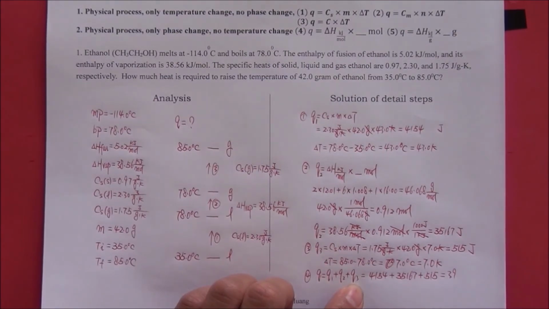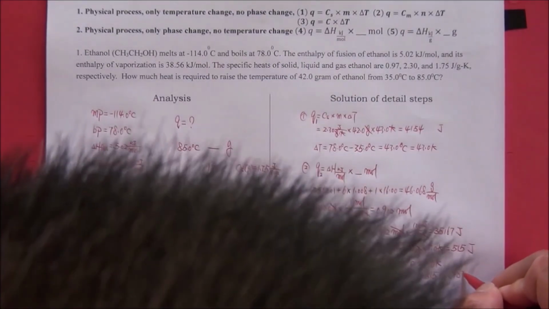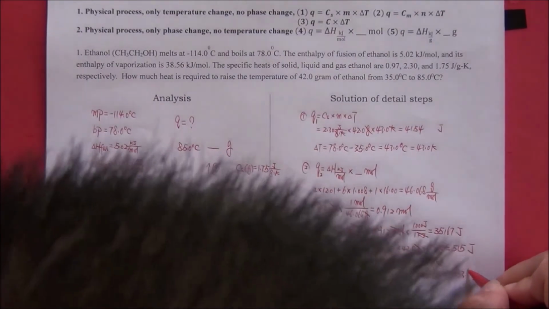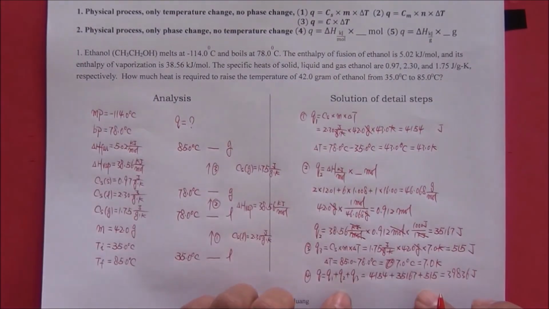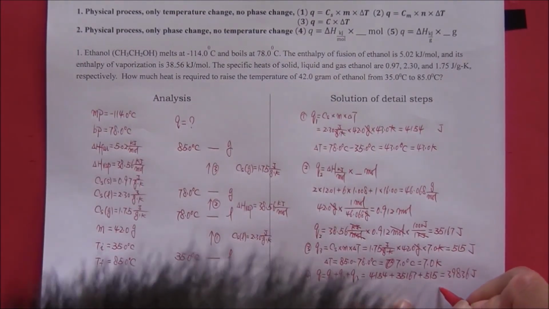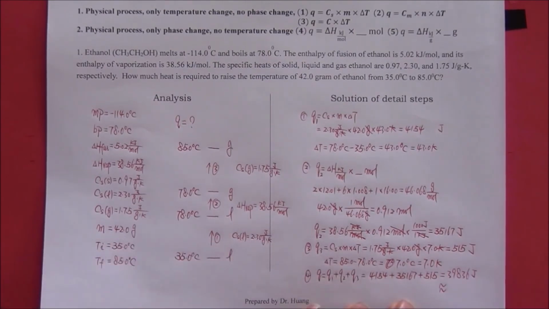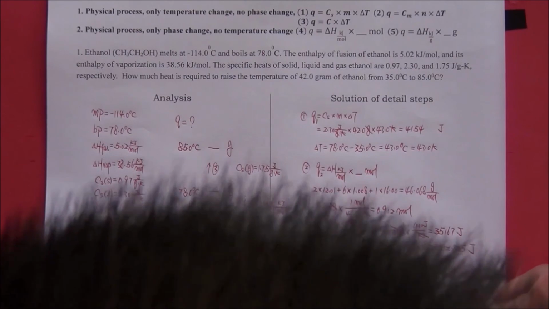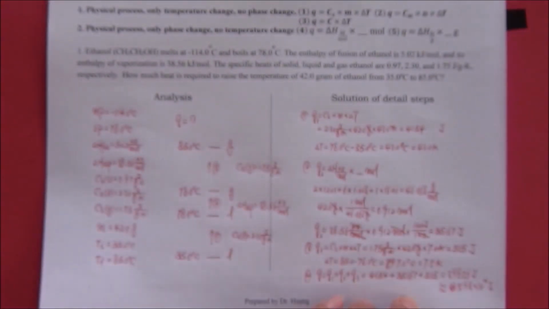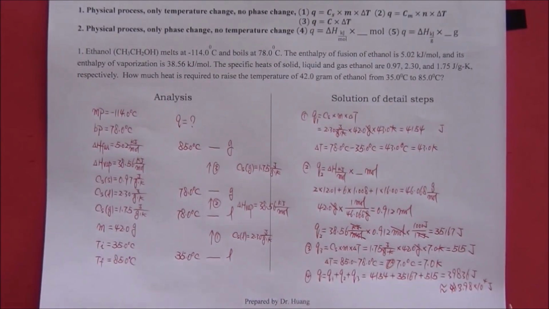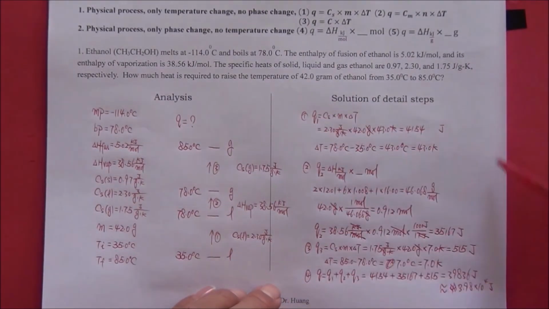We will get 39,836 joules. And this is about equal to 3.98 times 10 to the 4th joules.